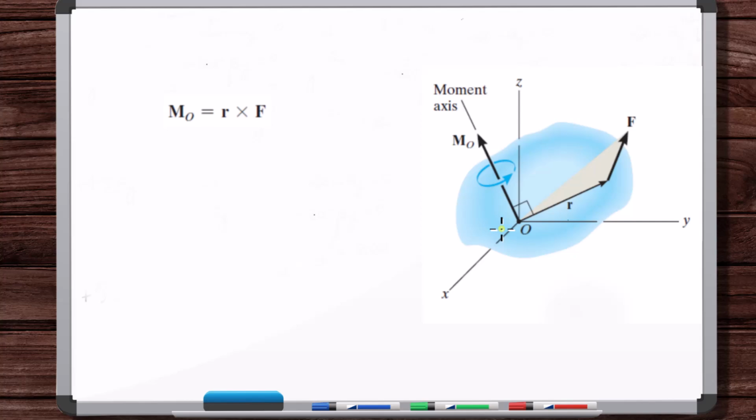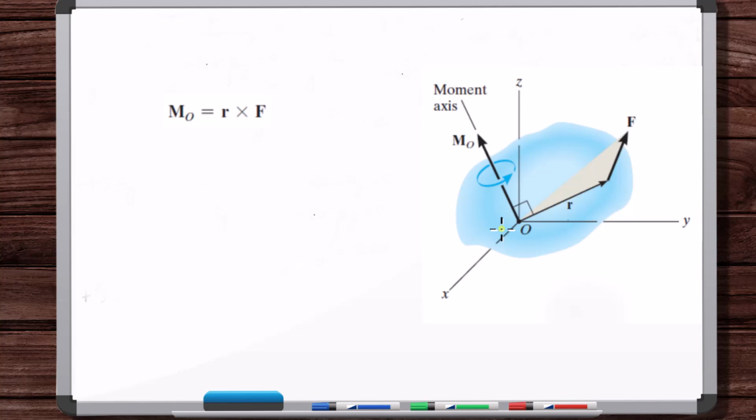So that's a little confusing. If I just use the word moment of a force, that's a fixed vector, because when you say moment of a force, you need to be more specific and say moment about a point. If I say couple moment, that's a free vector. That's a different type of moment. And then we're also going to see that the moment of a force about just a general axis is a sliding vector. We'll talk about that later in this video.